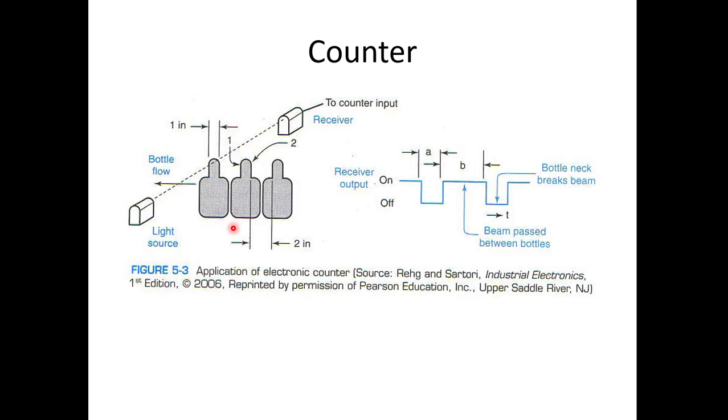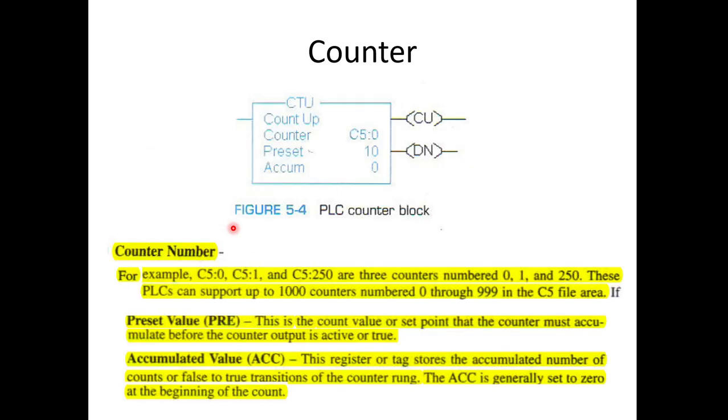Let's go further. This is the block of the counter. As you can see, it is somewhat similar to the timer block. They have the address. In the timer it starts with T, but here it starts with C5:0, C5:1, C5:2, and so on and so forth. How many counters you want to use, you will refer to this memory address. And exactly like the timer, you have the preset value and the accumulator value.